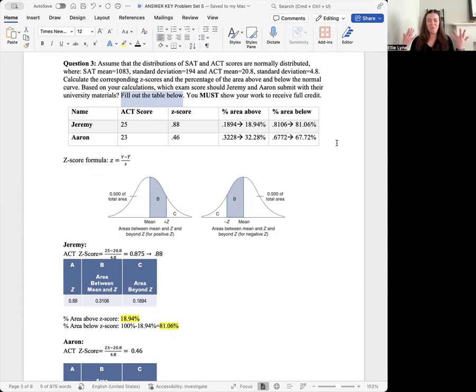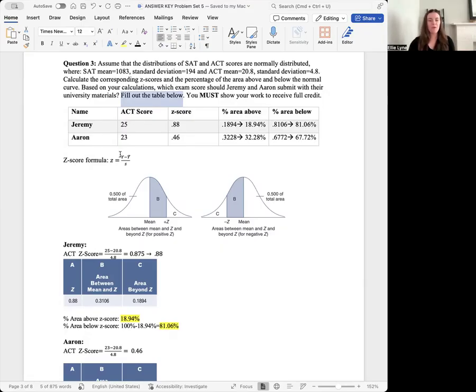Those aren't compatible easily in our minds, right? And so we need to figure out which one we should actually submit, knowing that they're on completely different scales. The z-score allows us to standardize these units and figure out how well we did relative to each other without having completely different scales in mind.